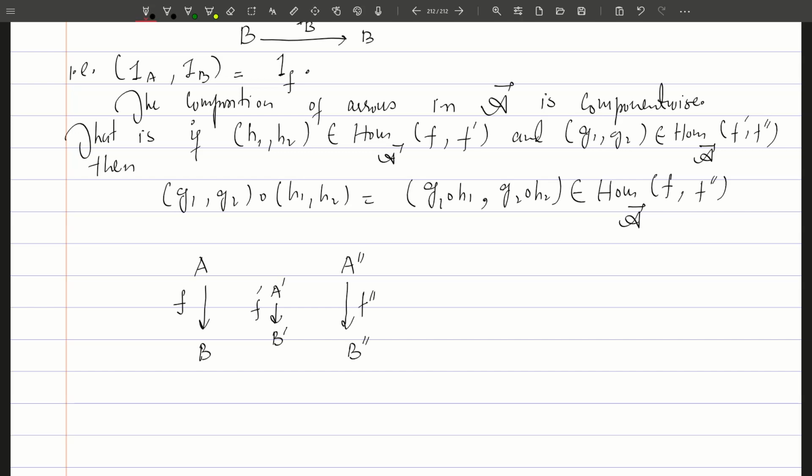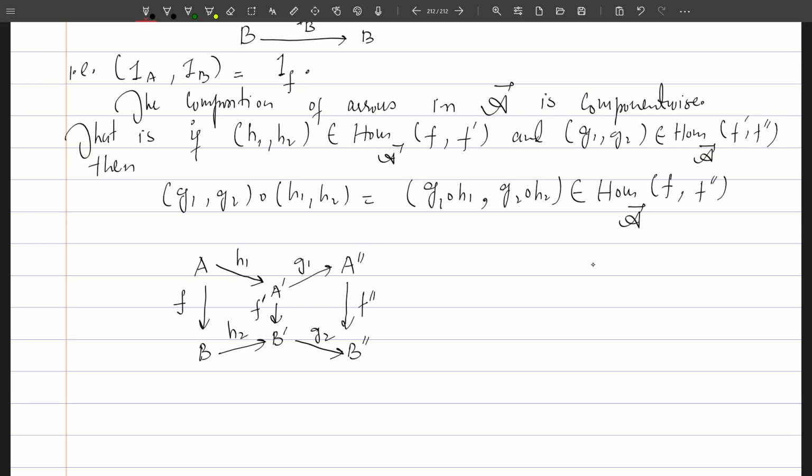Now we have to exhibit a morphism which carries this F to F prime, and that is a pair H1 and H2. Similarly, the morphism which carries F prime to F double prime is a map given by G1 and G2.